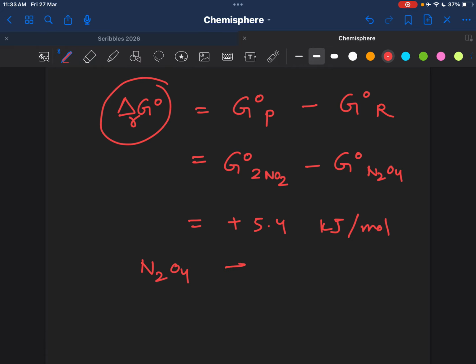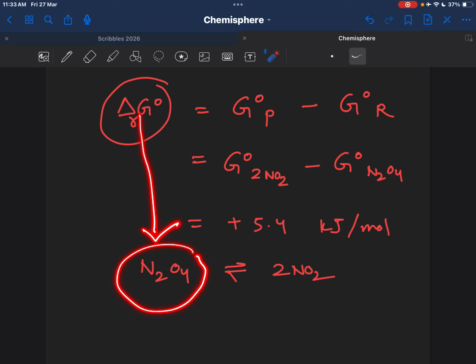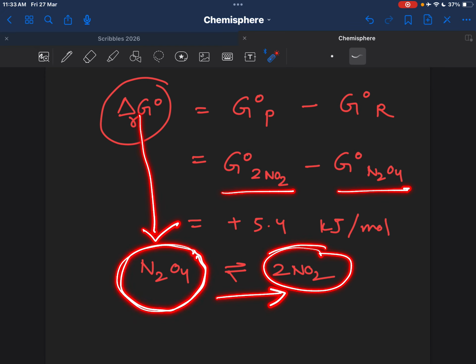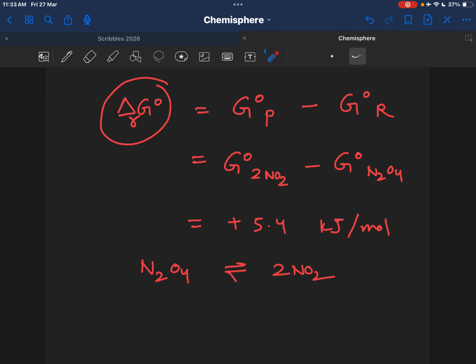Which reaction am I talking about? This reaction N2O4 giving rise to 2NO2, right? We have calculated this assuming that N2O4 completely dissociates into 2NO2. That's why we have subtracted 2NO2 minus N2O4. Whenever we calculate delta G naught of the reaction, we assume that the reactants have totally become the products. That's why we are getting plus 5.4. And this value is kind of misleading.